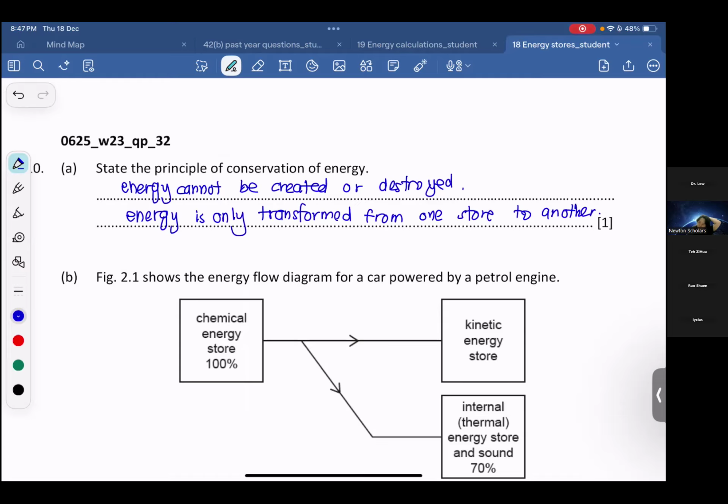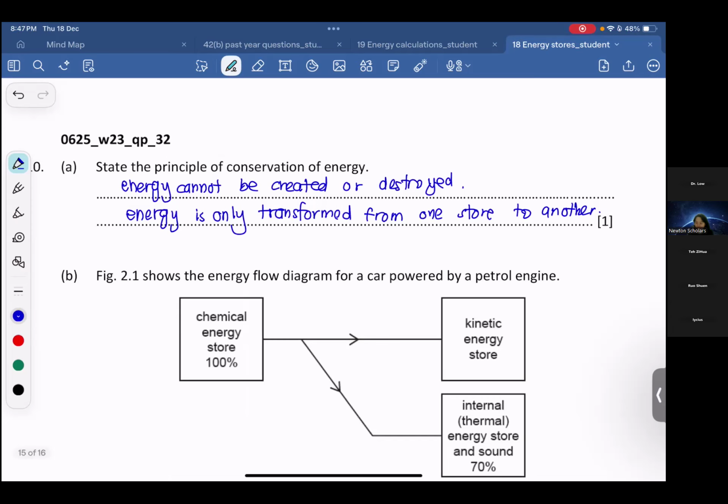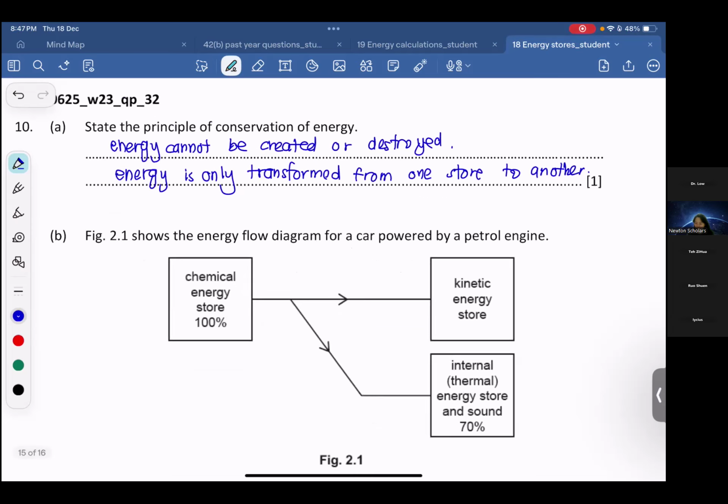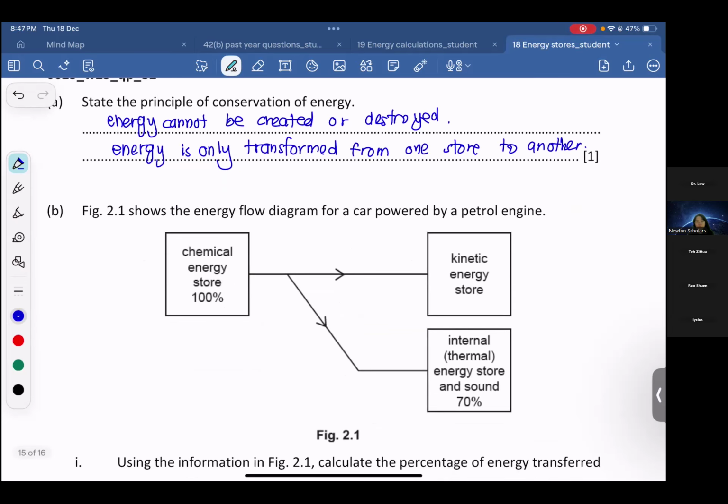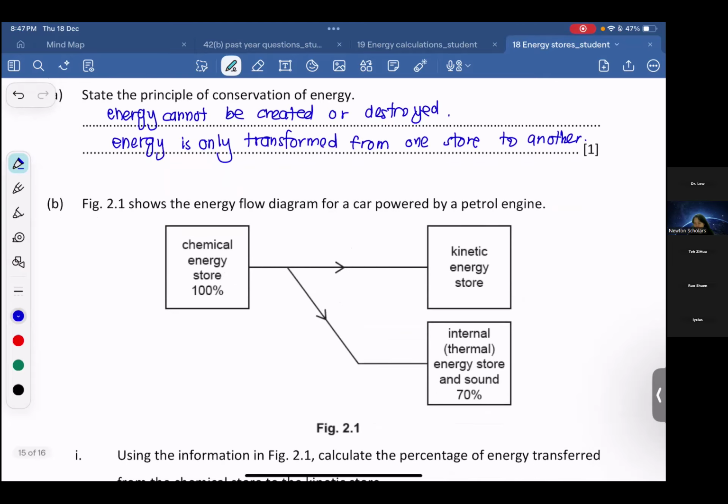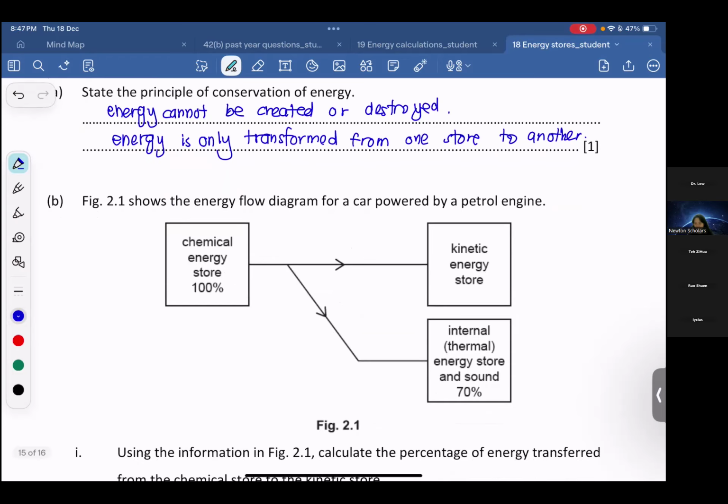Total energy remains constant. It is only transferred to other forms, from one store to another store. Okay, 10 seconds for you to complete this definition.